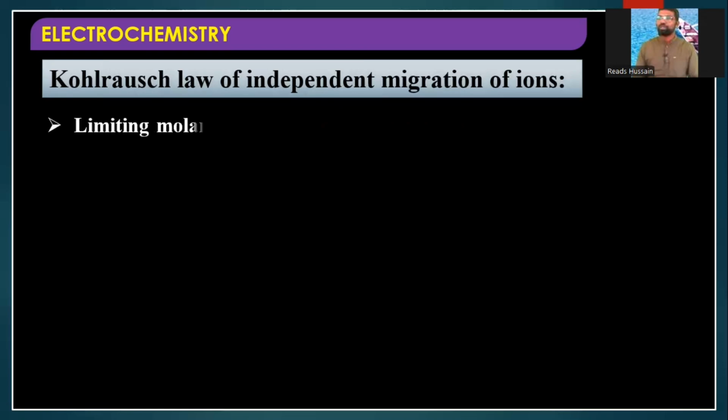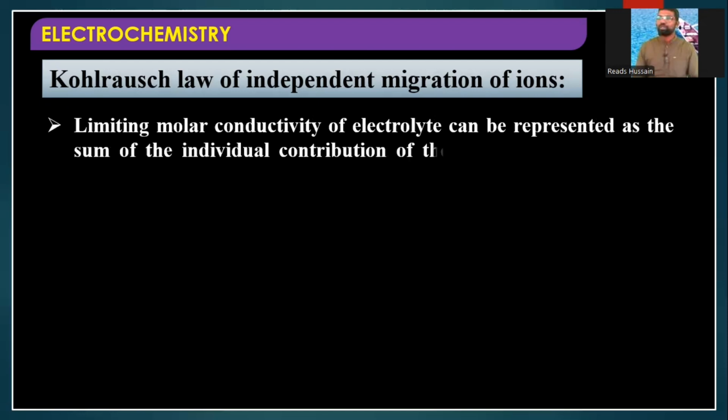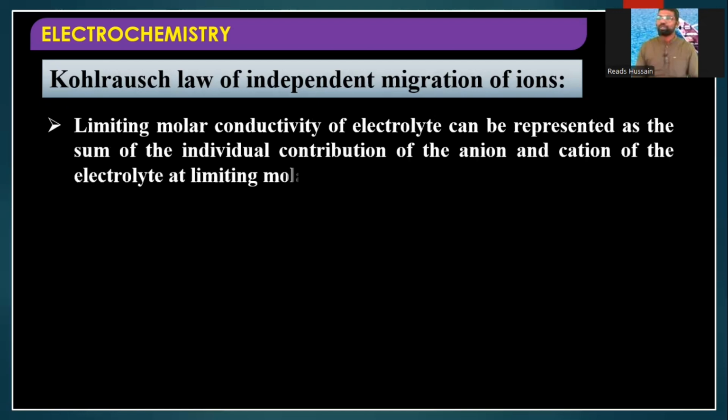Now come to the statement. This is the definition or statement of Kohlrausch law. It is a very important statement, all of you note it down. Limiting molar conductivity of an electrolyte can be represented as the sum of the individual contributions of the anion and cation of the electrolyte at limiting molar concentration. This is one form of the statement.